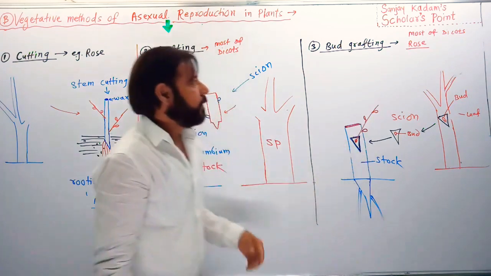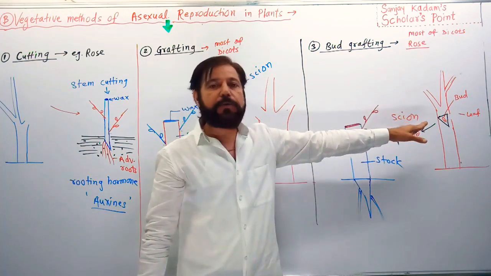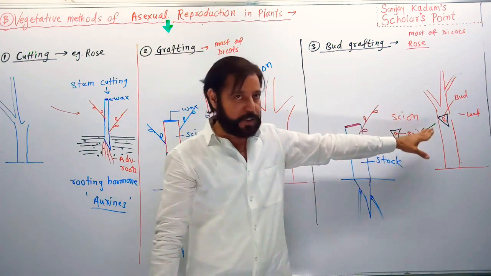In this way bud grafting is carried out. Here minimum loss of the plant is achieved.